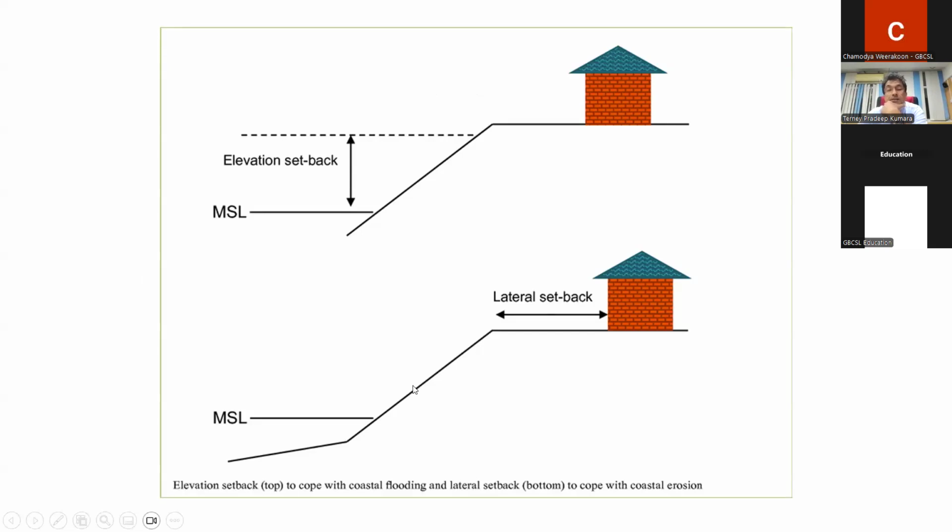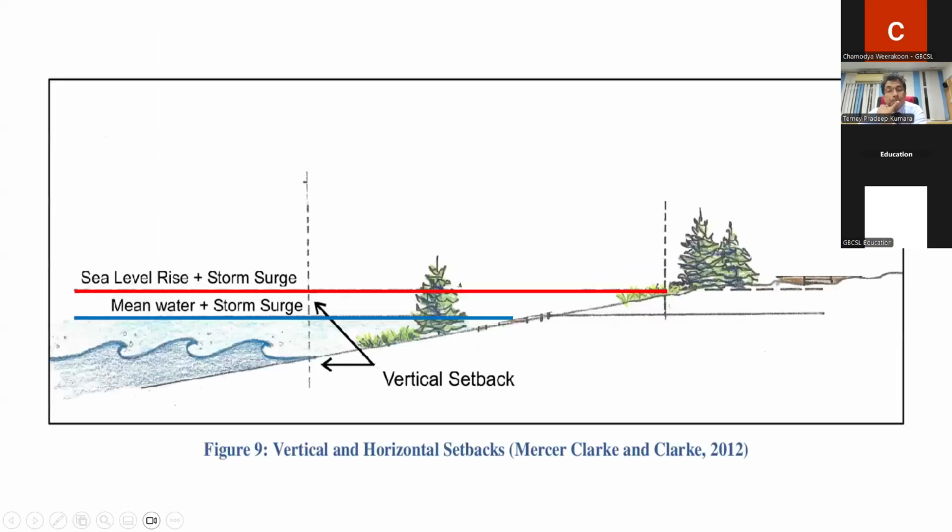So this is mean sea level, right? You can see if the sea level goes up, of course, you have to think, let's start from here, vertical sea level. So this is the vertical setback, maybe let's say 1 meter, but the horizontal setback is about here, let's say 50 meters, 30 meters, depending on the topography of this area, right?